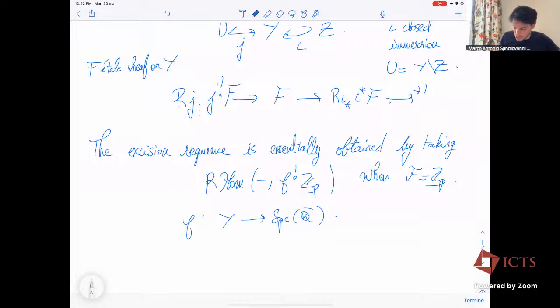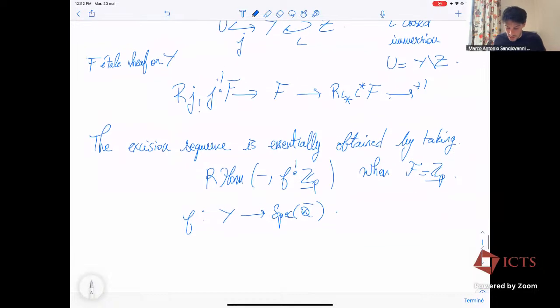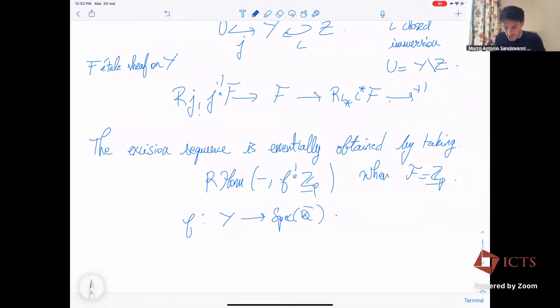It's just the structure map. Okay, so the excision sequence is obtained by taking R Hom of this and then deriving global sections.